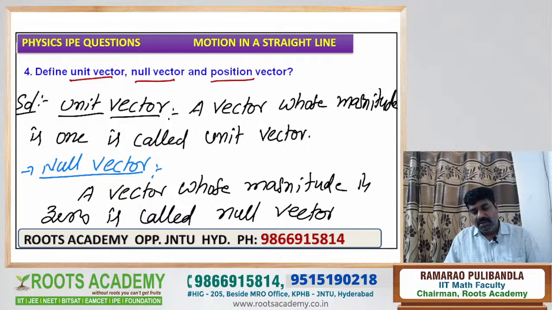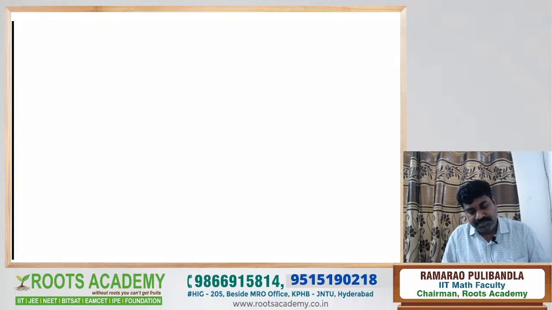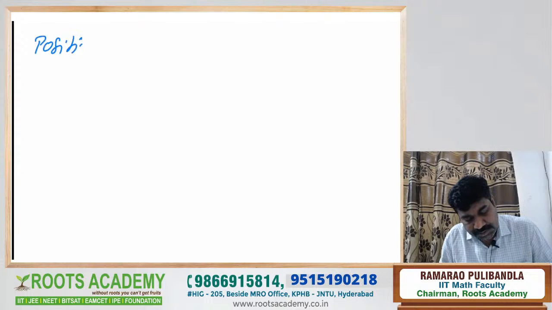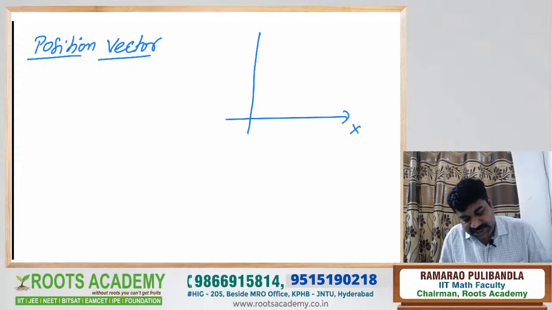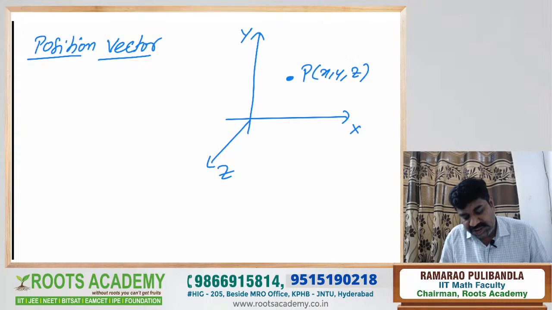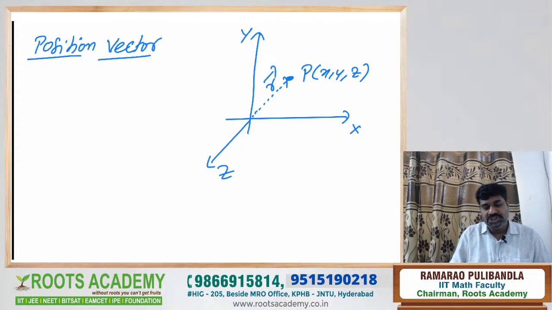Now we go for the position vector. What is the position vector? For example, take the x-axis, y-axis and z-axis. Here is the point P of x, y, z. So this r bar is called the position vector.